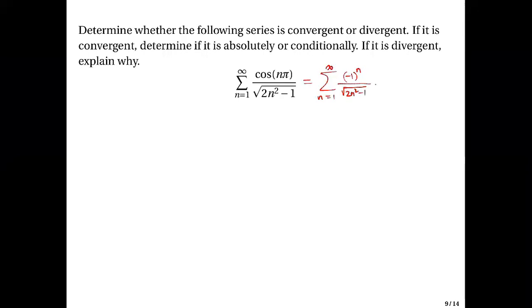So first, the series is alternating with b sub n equals 1 over square root of 2n squared minus 1.